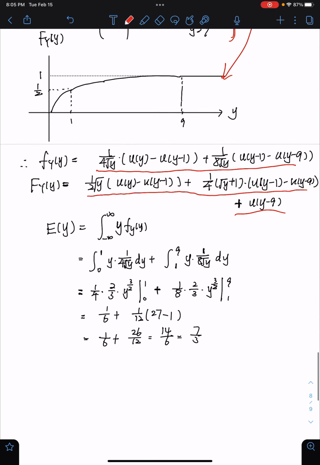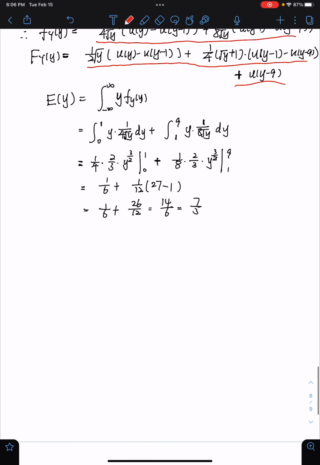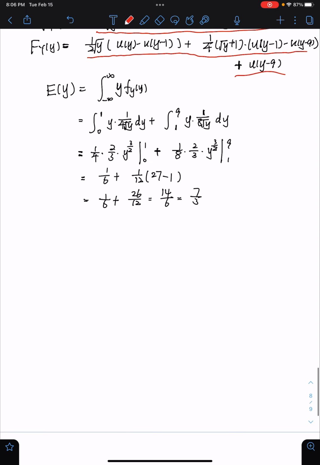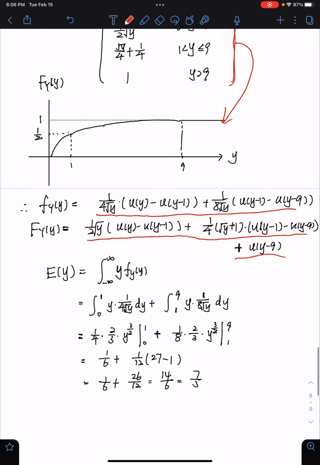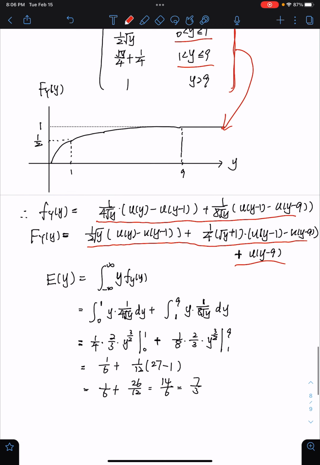So the final step is we are going to find the expectation of Y. Apply the mean value formula, which is y times small f_Y. We can integrate and apply the different conditions, which are y smaller than 1, and y smaller than 9 and larger than 1.